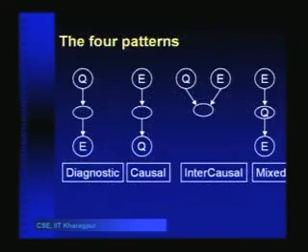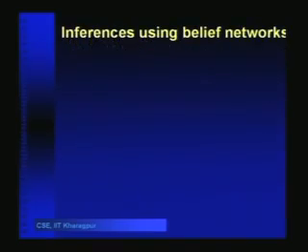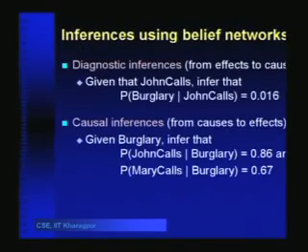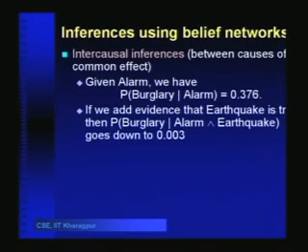So in terms of Bayes networks, how are these dependent? In diagnostic inferences, we are inferring the probability of a parent given the child. The second one is inferring the probability of the child given the parent. In intercausal inferences, we are examining the probability of a parent given a child and a sibling, right.